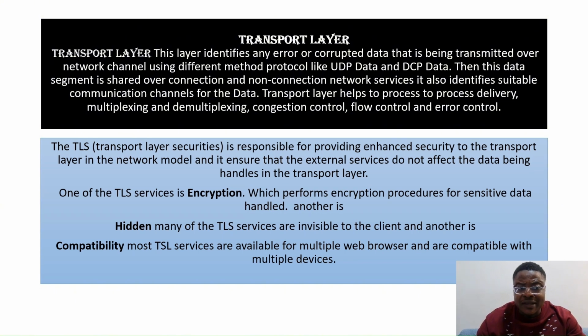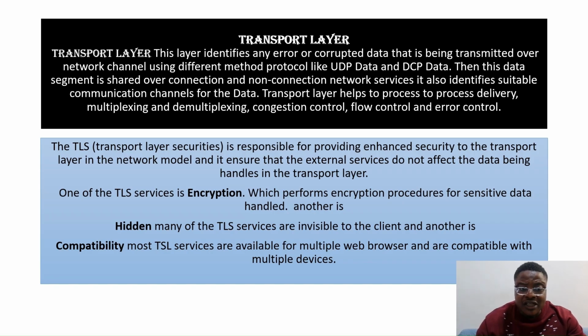Then this data segment is shared over connection and non-connection network services. It also identifies suitable communication channels for the data. The transport layer helps in process delivery. The transport layer also helps in multiplexing and demultiplexing. The transport layer also does congestion control, flow control, and error control. These are the functions of the transport layer.